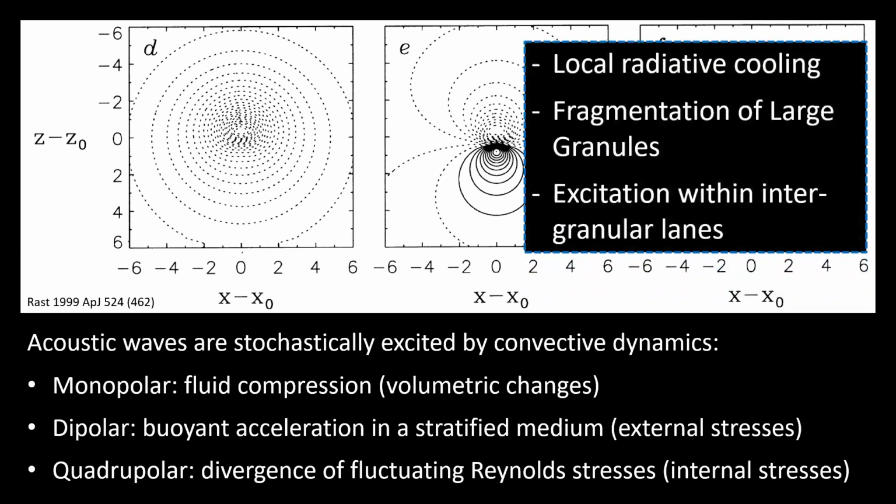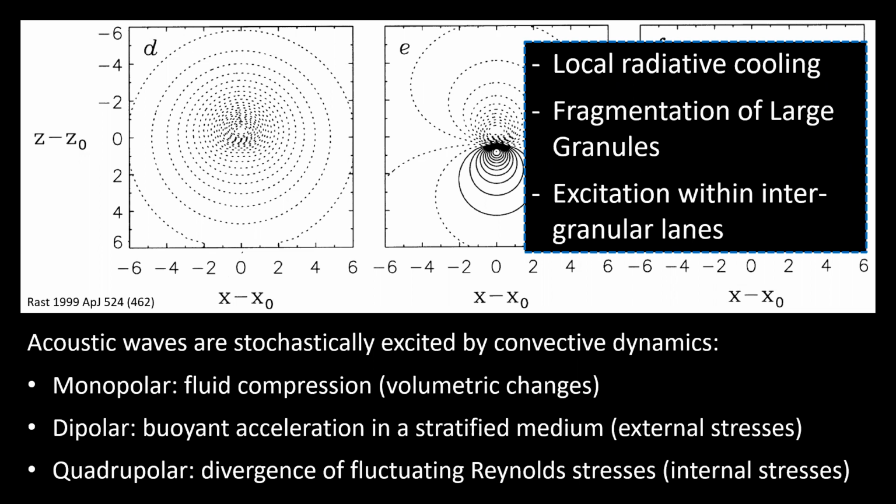So in terms of physics, suppose you have a local radiative cooling, right? Suppose you have a small granule that has suddenly radiated a little too much, right? Then there will be a sudden cooling, and sudden cooling means there is a sudden pressure drop. And if you have a pressure drop, that means the fluid will get compressed, and you will have a monopolar excitation.